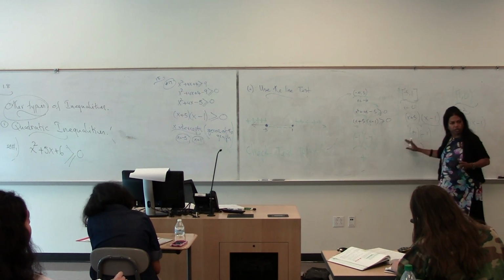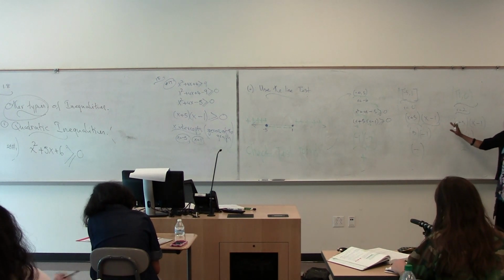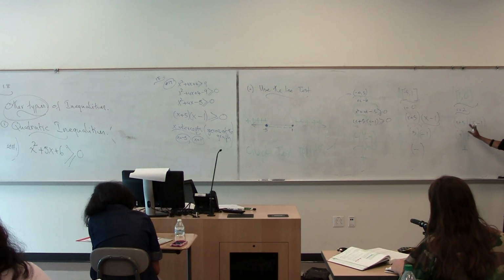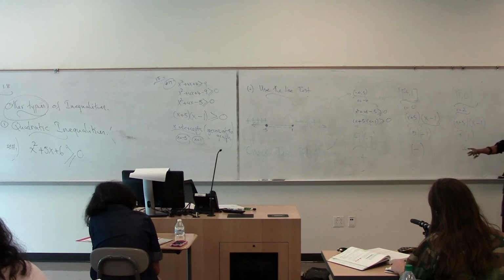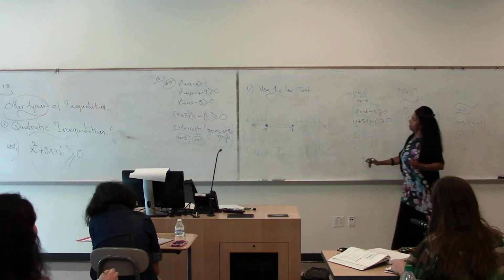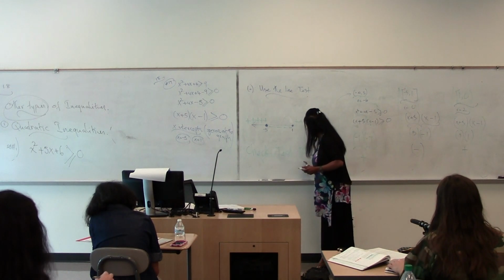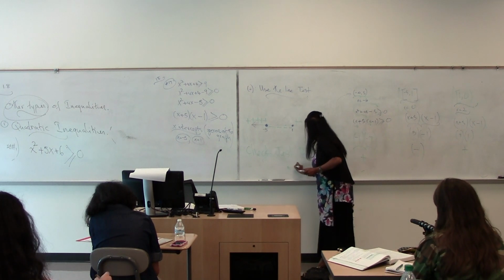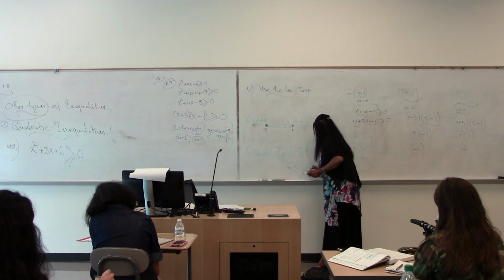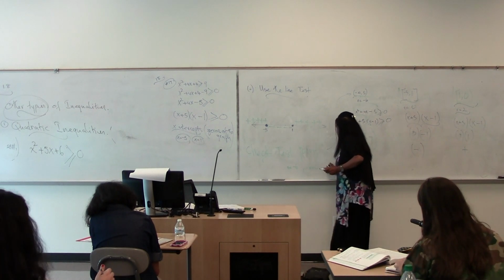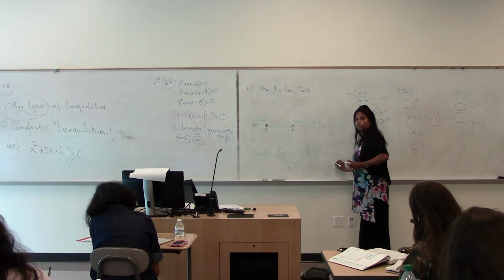I did show the work, so you can write it down in your notes so you know which numbers to pick. You can say: check test points, x equal to negative 6, x equal to 0, and x equal to 2.